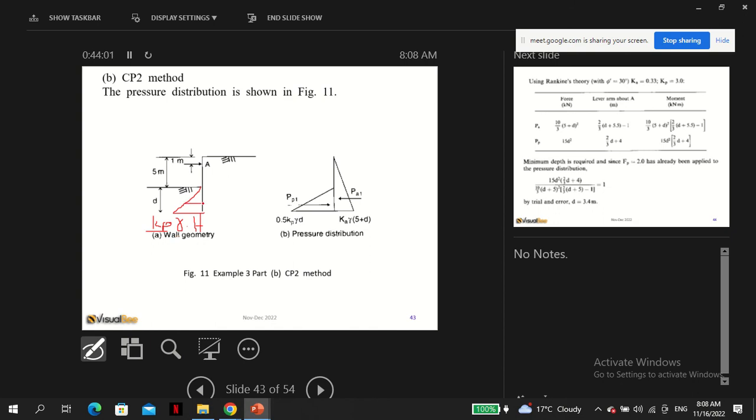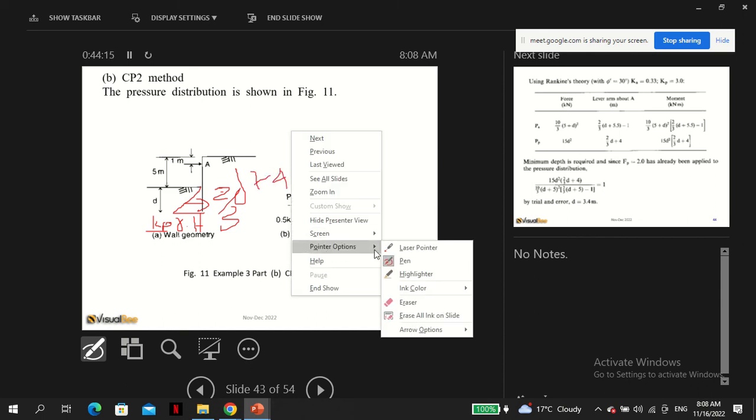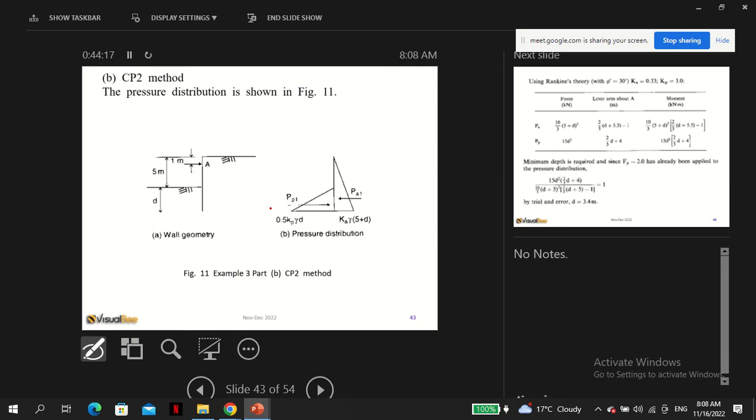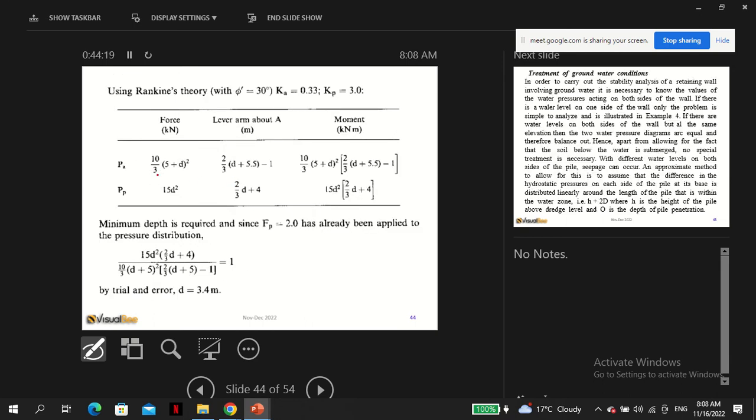The lever arm here is what? 2/3 of d plus 5 minus 1, which is 4. This should be easy to figure out. So that's what we're doing here, and you know how to figure this out.